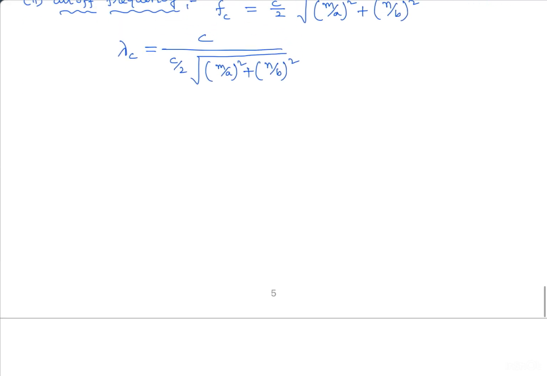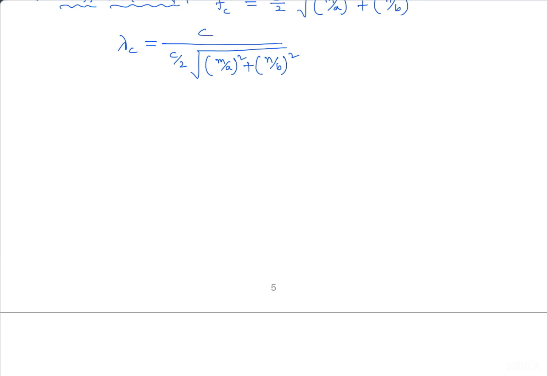Next we see number 3, dispersion relation. The dispersion relation in waveguide will be omega g square equal to omega square minus omega mn square.